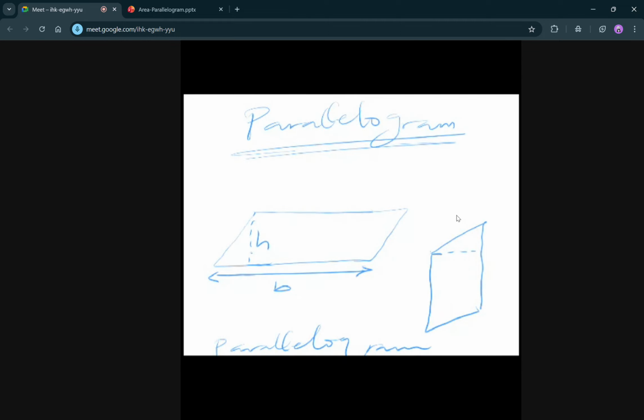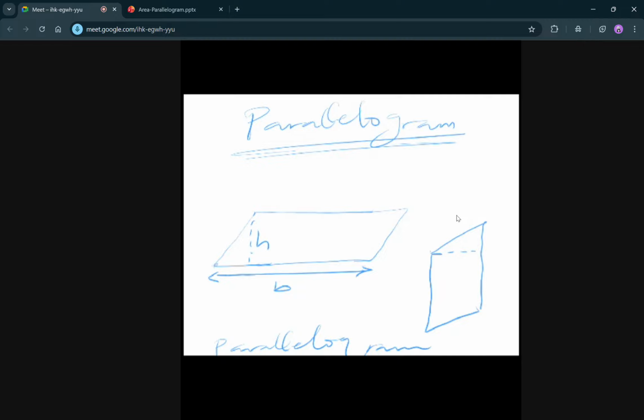It doesn't really matter. But understand that when you multiply this base, which is the length from here to here, and then multiply the height, which is the length from here to here, it's going to give us the area of that parallelogram. So the base is simply the length between the two points below.